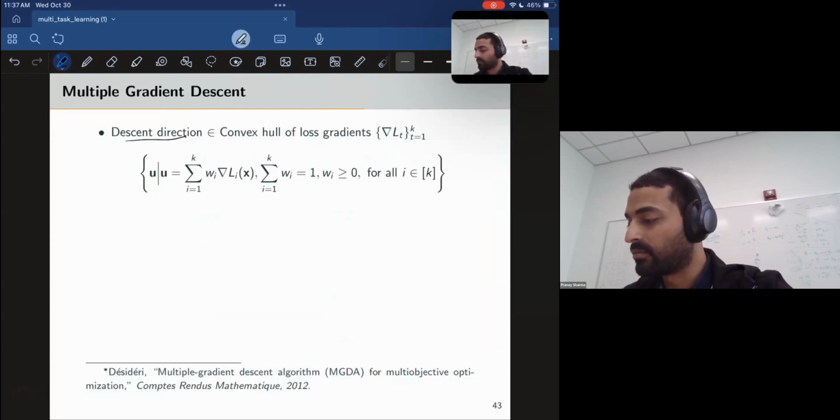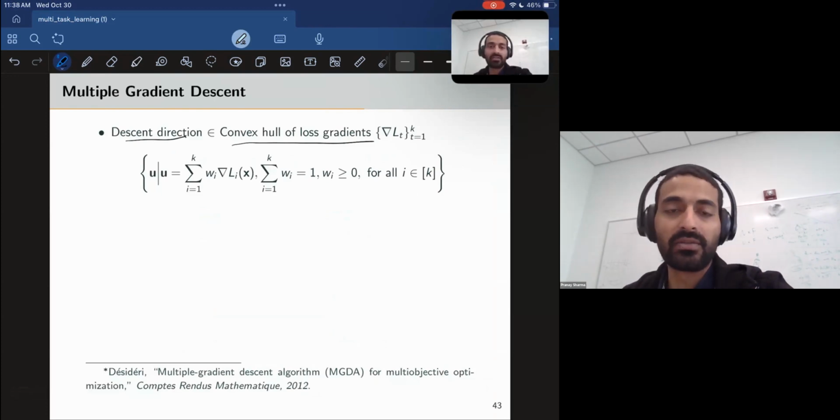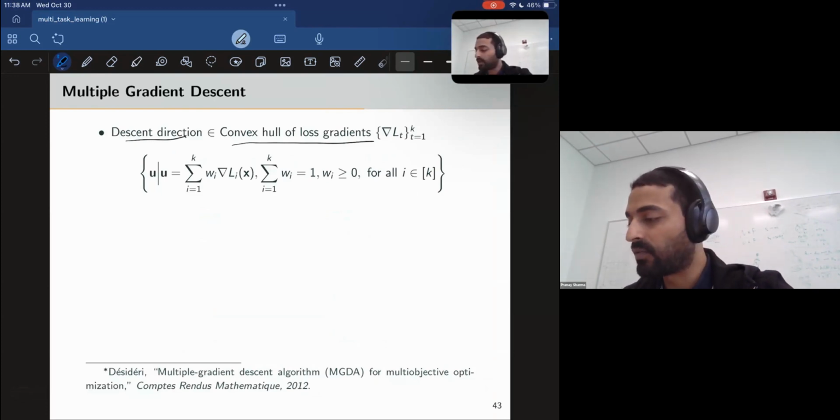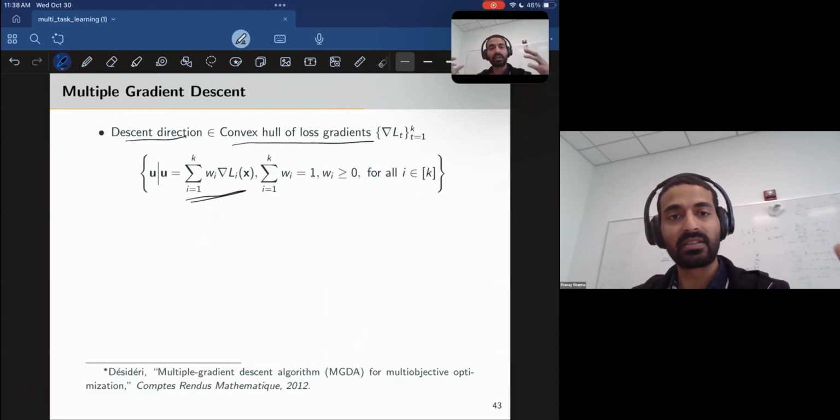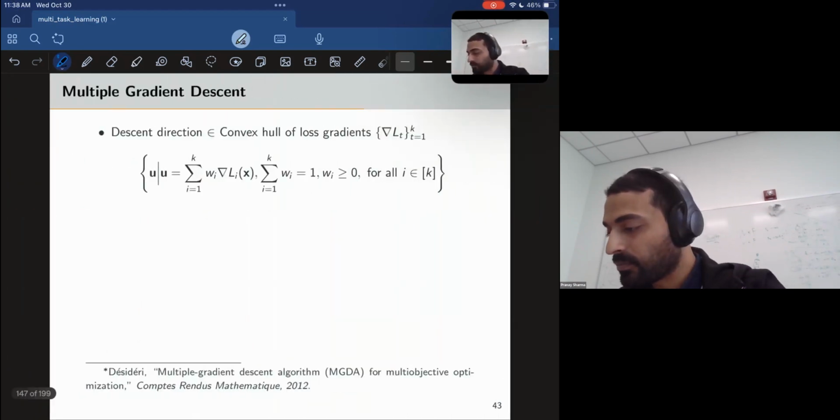So MGDA uses this result to find the descent direction, and the descent direction, it turns out, has to lie in the convex hull of the loss gradients. What I mean by convex hull is you look at all the possible convex combinations of all the loss gradients, and you construct a set of all such vectors. That's the convex hull.